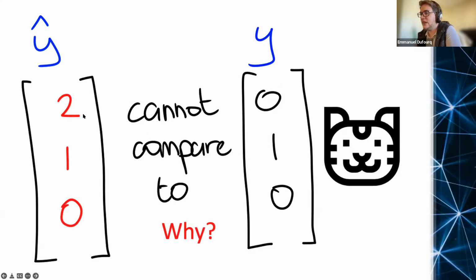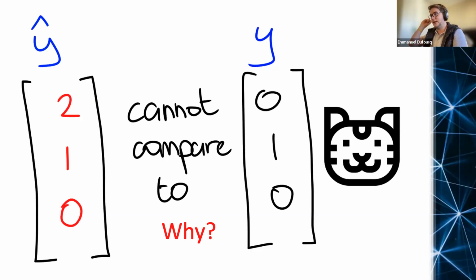Now, it's quite hard to compare these two things. So remember, what was the idea of the error function? It was to calculate the distance. How far is the network output to the correct value? Let's say we're going to subtract and take the absolute value. So 2 minus 0, 1 minus 1, 0 minus 0.